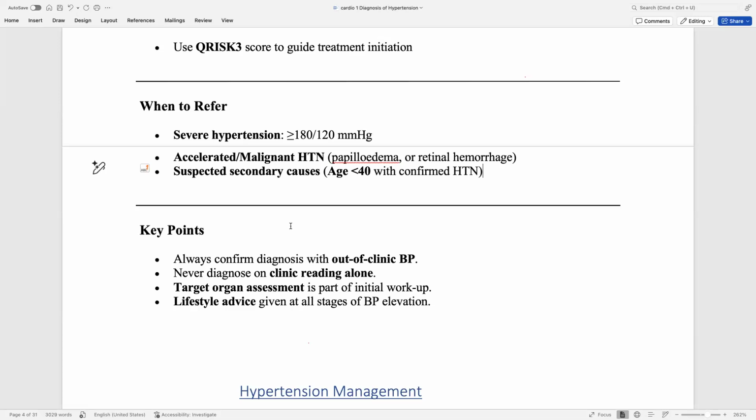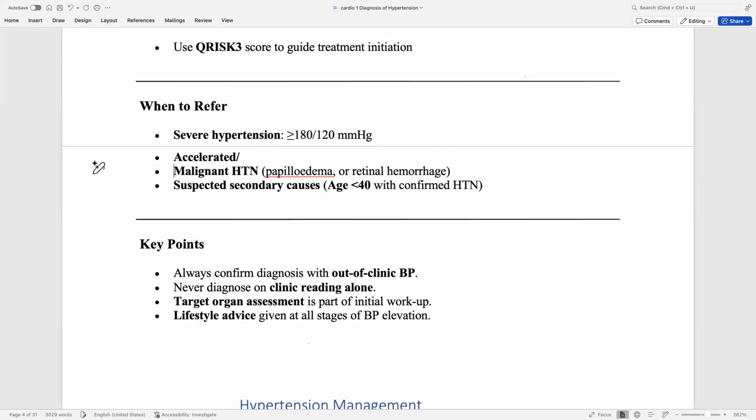Malignant is a more severe form of accelerated hypertension. Yes, the number is the same. There is retinal damage and there is papilledema. Okay, malignant, there is papilledema. So let me make it clear for you.